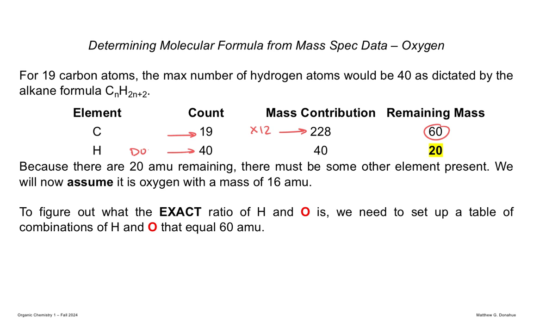We used degrees of unsaturation to figure out there could be a maximum of 40 hydrogens. That would have a mass contribution of 40, and then we're left with this excess of 20. So now what we have to do is figure out the exact ratio of hydrogen and oxygen.